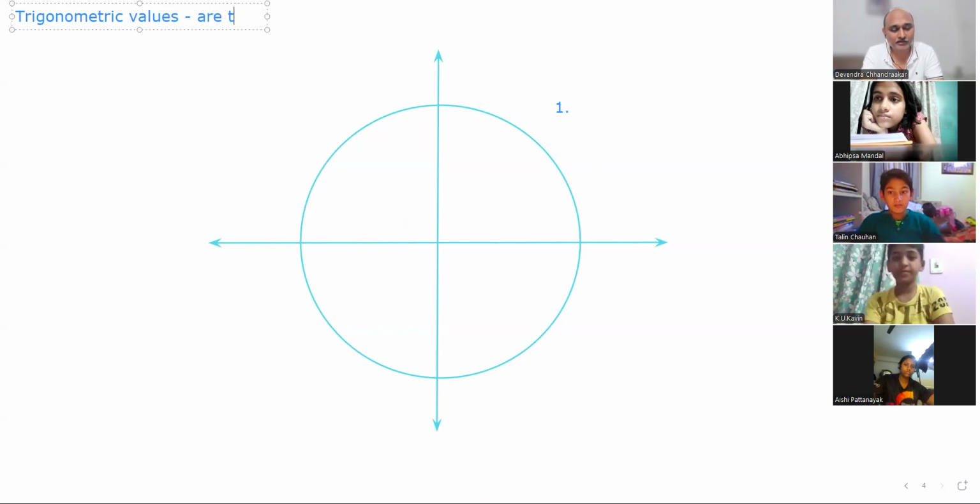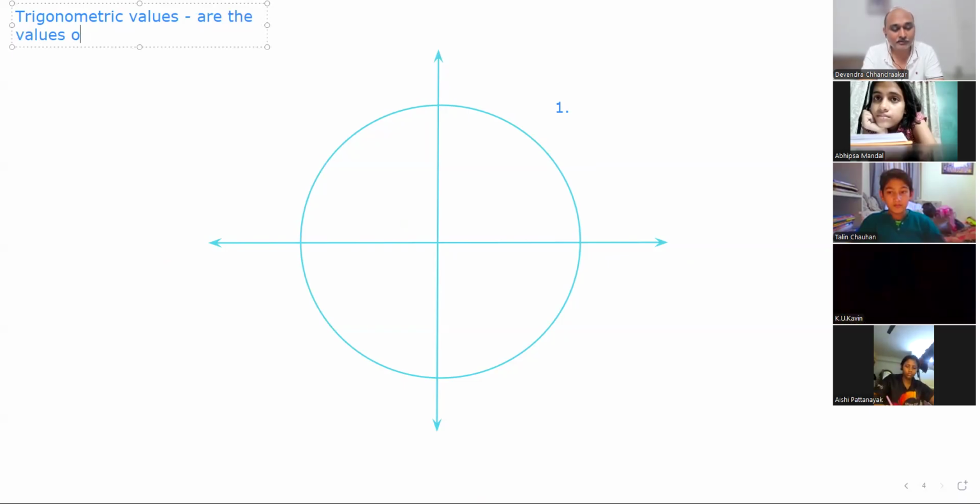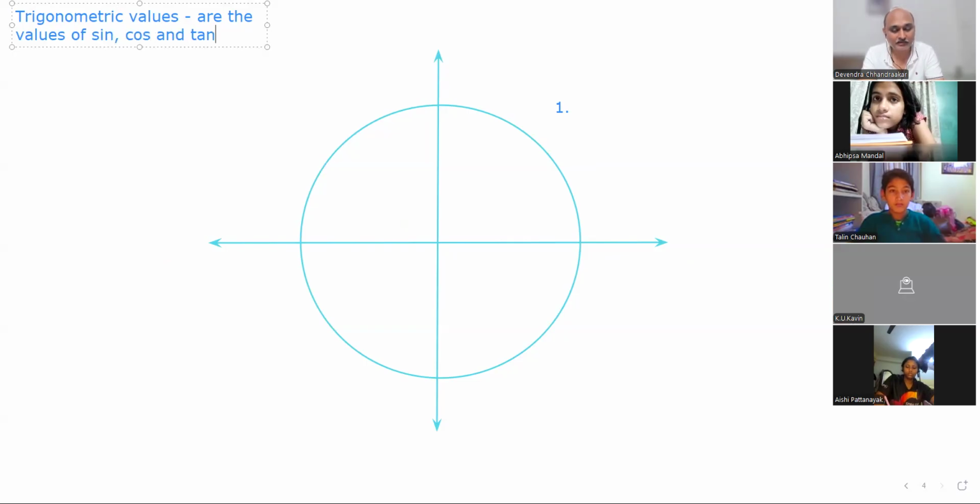Trigonometric values are the values of sine, cos, and tan of the angles.